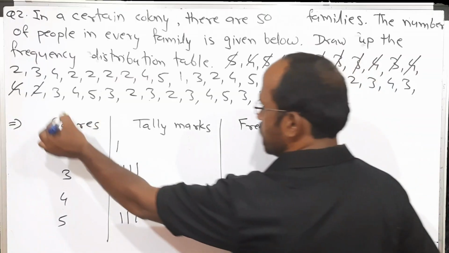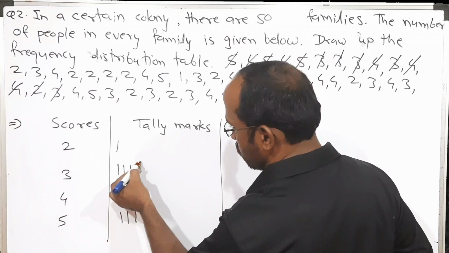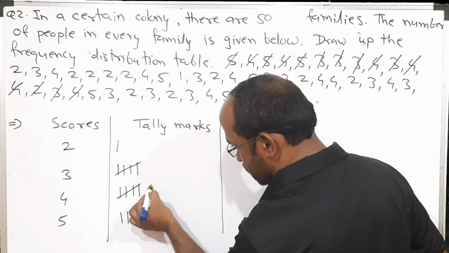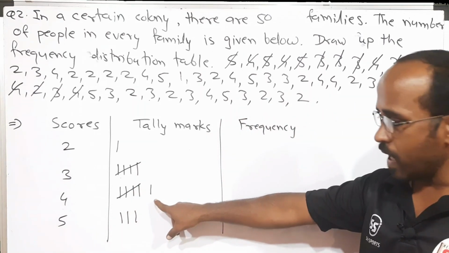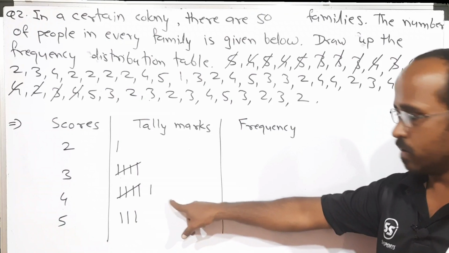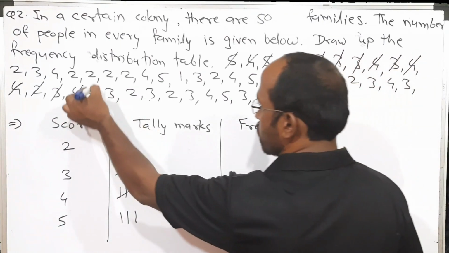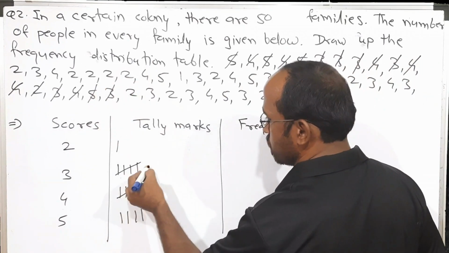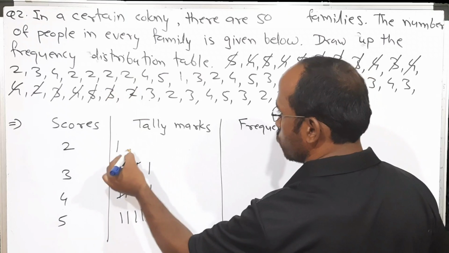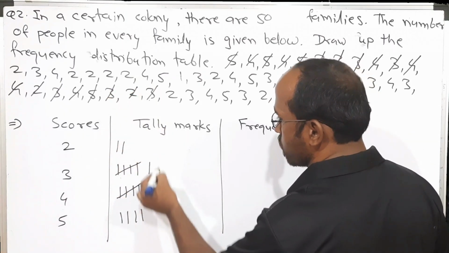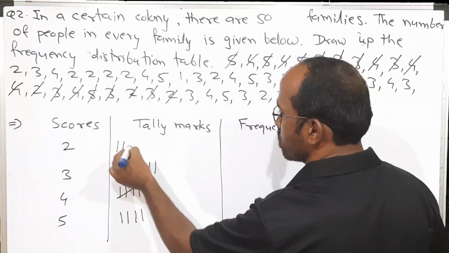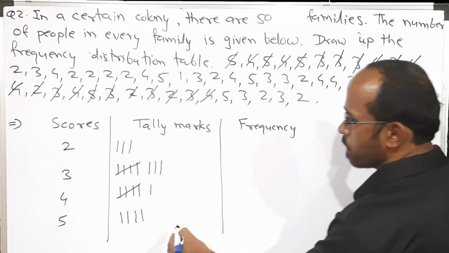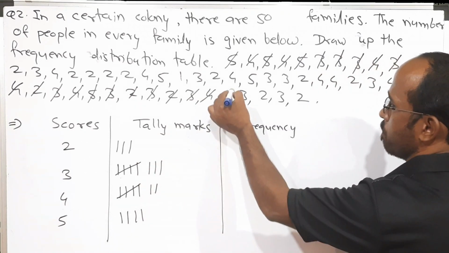So next is 3. Cut this 3. It is the fifth line, so I'll make the group of 5. 4. Cut this 4. Now this is the sixth line, so I will draw it separately as I have to make groups of 5 if possible. Okay. 5. Cut the 5. Draw the line against 5. 3. Cut 3. Draw one line. 2, 2, 3, 3, 2, 2, 3, 3, 4, 4, 5.